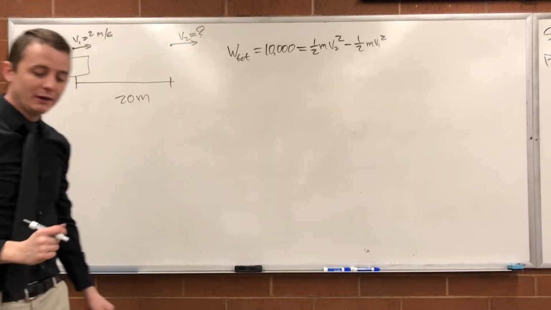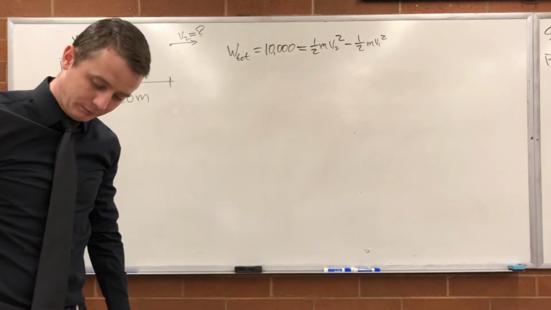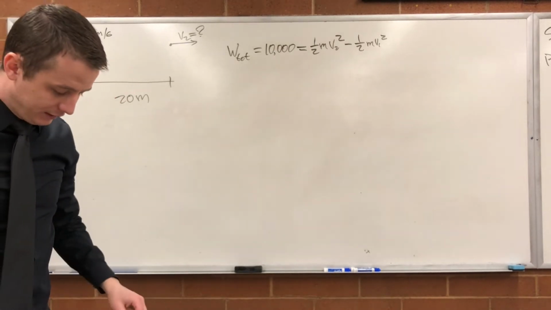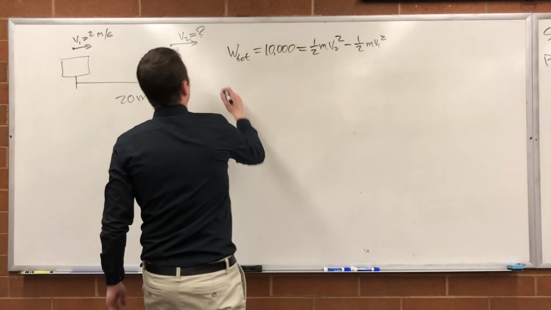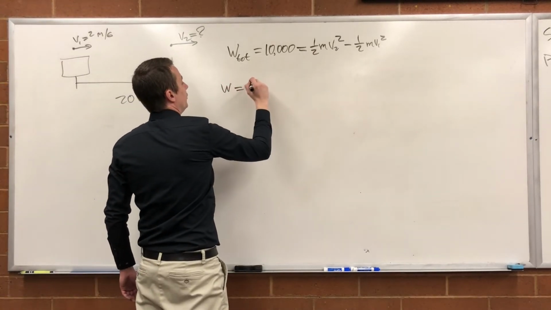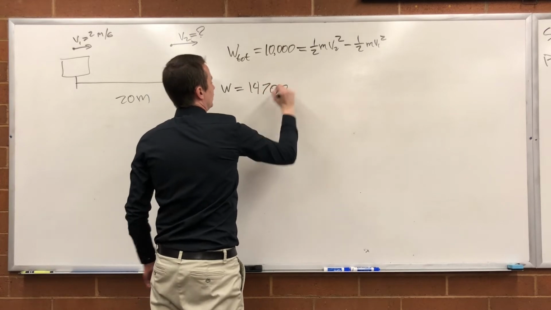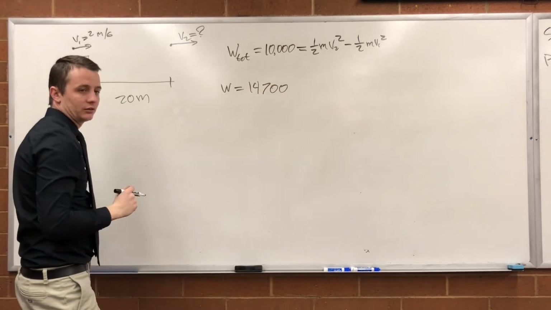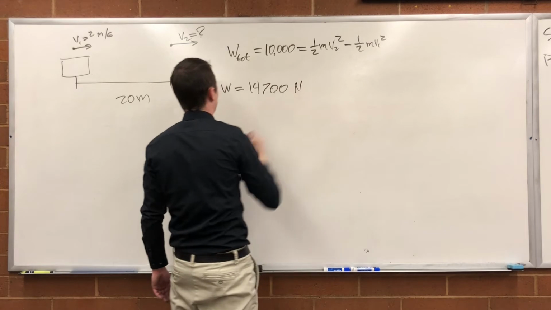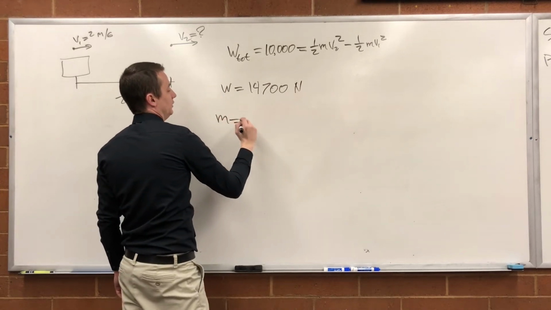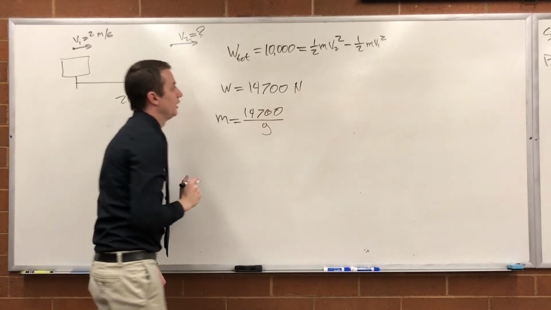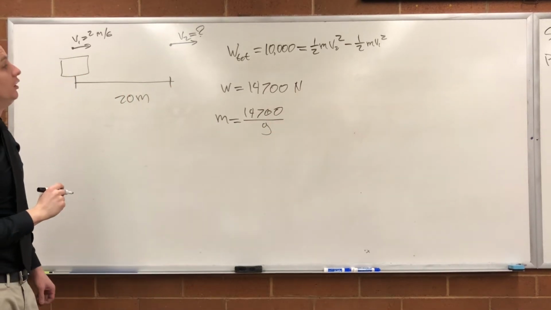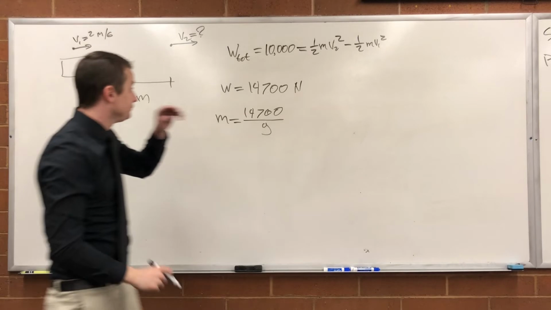Our mass. So we have to go back to that problem and find the weight. The weight of the sled was 14,700 newtons, and so its mass is equal to 14,700 over g. So we now have its mass.